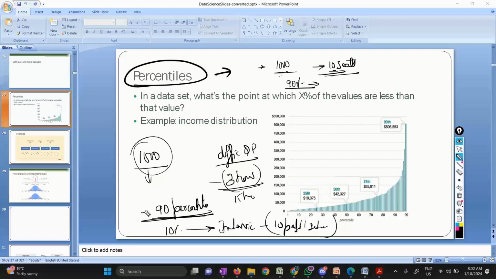Suppose, out of a 100 marks question paper, the 90th percentile was the one who scored 18 marks, 18 on 100. So everybody who scored below 18 is out. Everybody who scored above 18 can attend the interview. 18 on 100 becomes the 90th percentile.